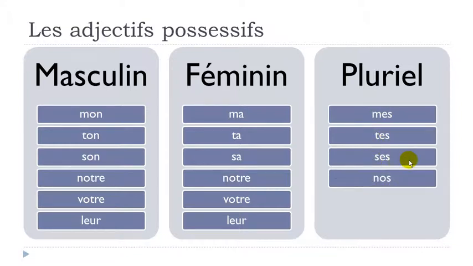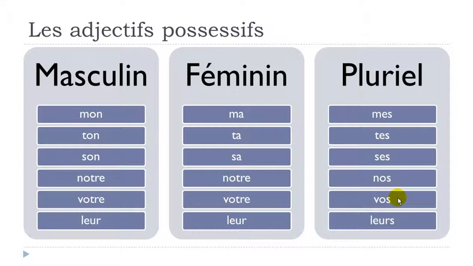And then for the plural, nos, vos, and then leur. Remember, even if you've got this final s, you don't pronounce it, as was the case already for this word. You don't pronounce the final s, vos, leur. So if we see that one more time, it's me, te, se, and then nos, vos, leur.